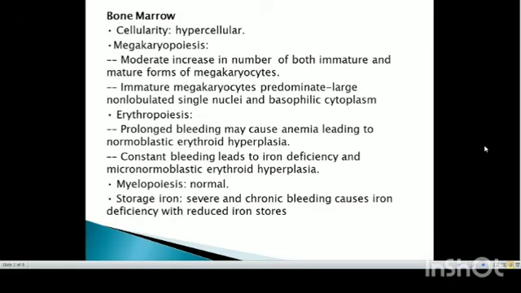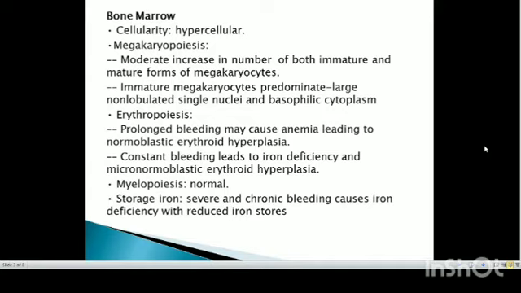Now coming to bone marrow, the bone marrow examination is important to rule out thrombocytopenias resulting from bone marrow failure. A decrease in the number of megakaryocytes argues against the diagnosis of ITP usually. The cellularity of the bone marrow is hypercellular.